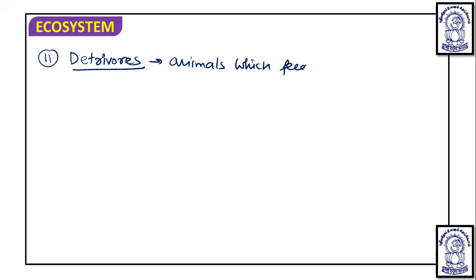The other group is detritivores. They are animals which feed on detritus. Detritus is partially degraded organic matter.